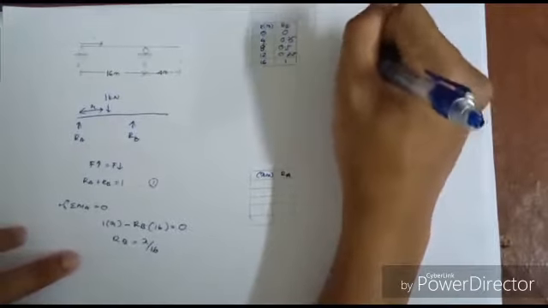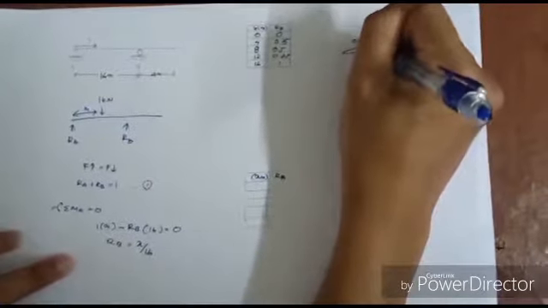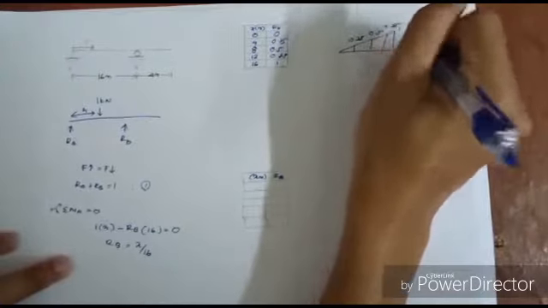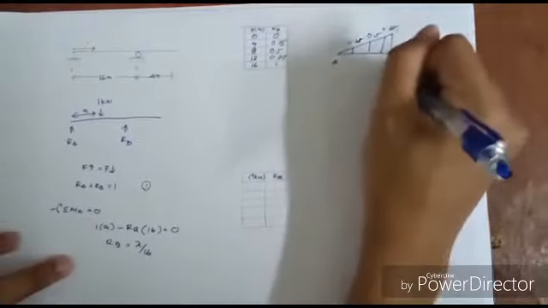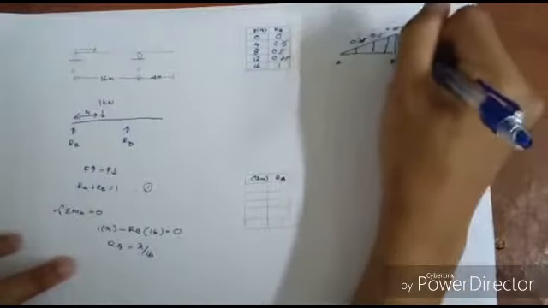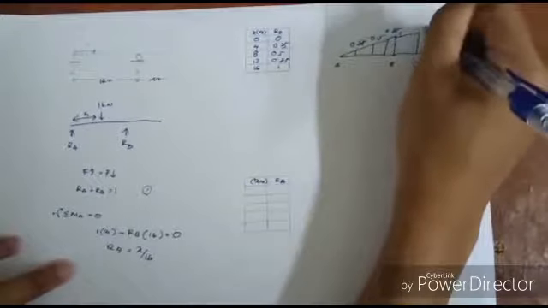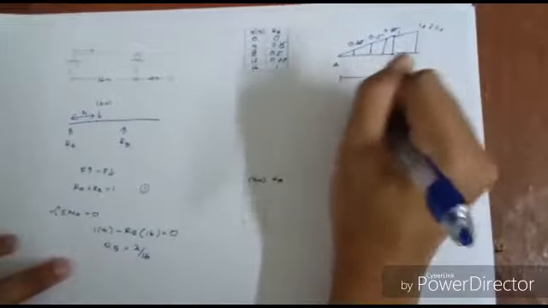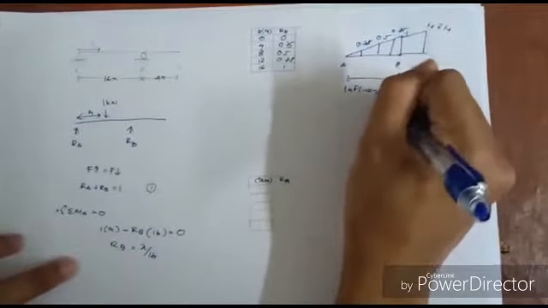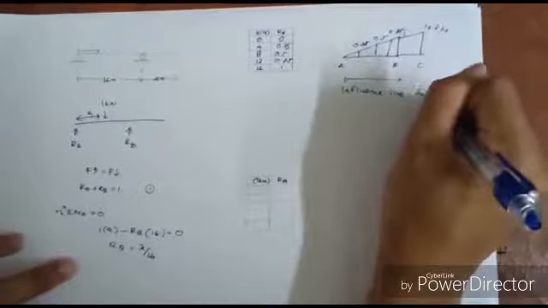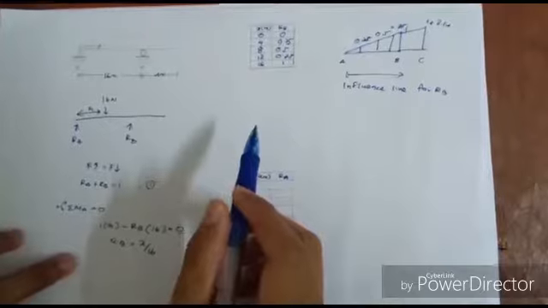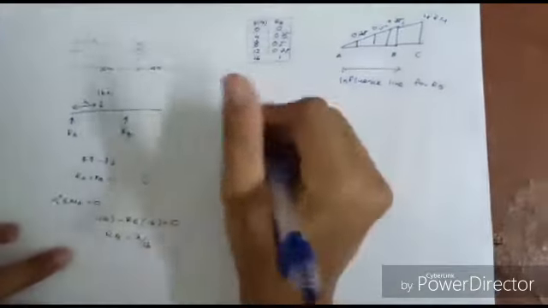So this is the influence line. Points A, B, and here C. This is the influence line for RB.